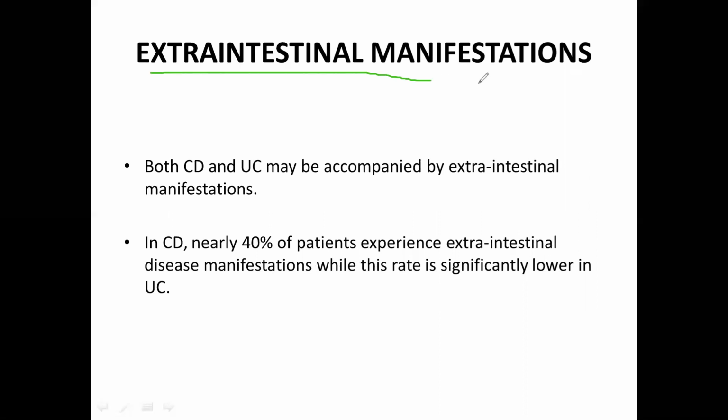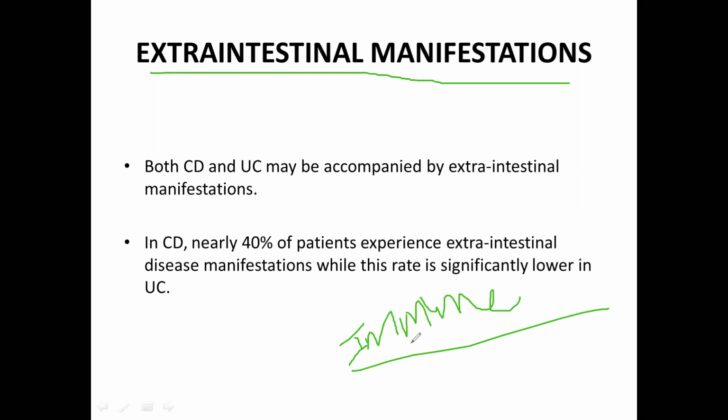Then extraintestinal manifestations. Inflammatory bowel disease is an immune mediated condition, which means there is dysregulation of the immune response, so obviously you will get some extraintestinal symptoms because of this dysregulated immune response. This is found in both Crohn's disease and ulcerative colitis.